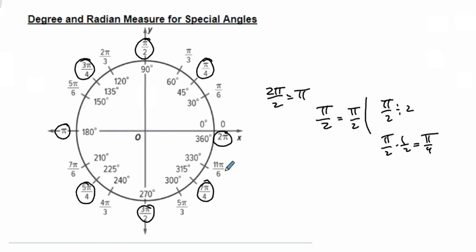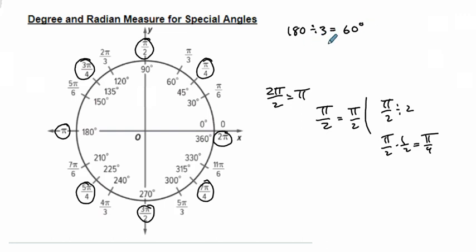And this is how I remember these, right? I don't remember these by memorizing. I remember it by being able to figure it out. And now the pi over 3 and pi over 6, 2 pi over 3, 5 pi over 6 are a little trickier to remember. The way I remember them is I start with my thirds. I say, okay, if I take 180 degrees and I divide it by 3, I get 60 degrees.